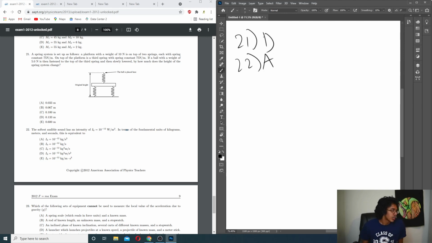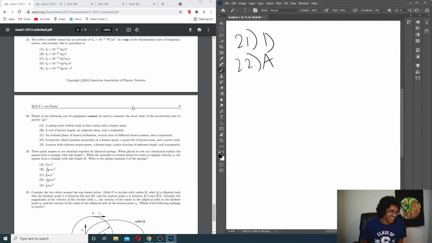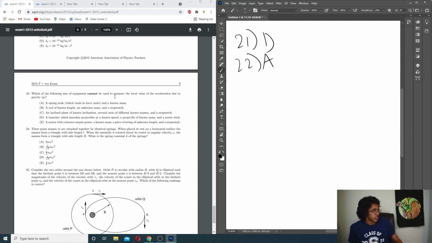All right, 23. This is why you don't stay on a single question in FMA, because sometimes there are really easy questions in the last 5. Which of the following sets of equipment cannot be used to measure the local value of acceleration due to gravity? A spring scale, which reads in force units, and a known mass. That's fine, right? Because you just divide by mass. You literally put the mass on the spring scale and then divide.